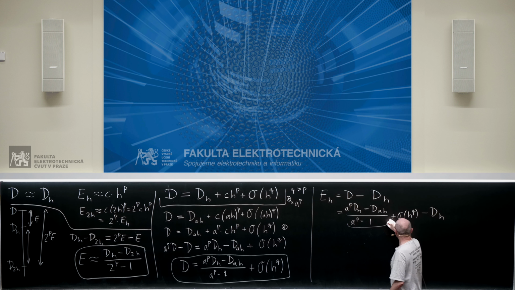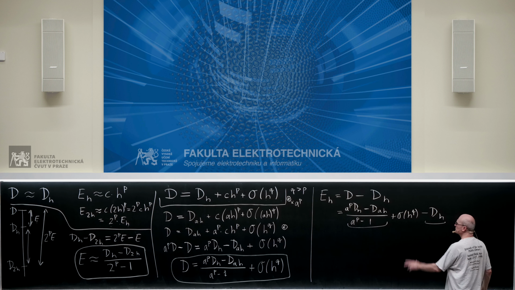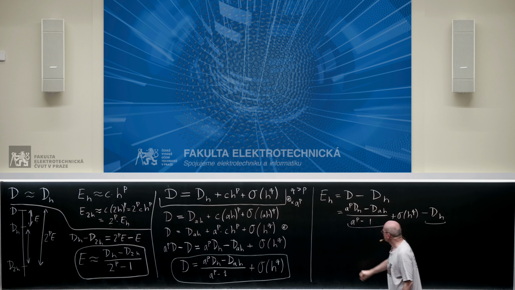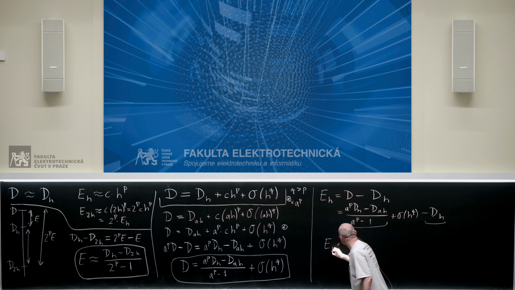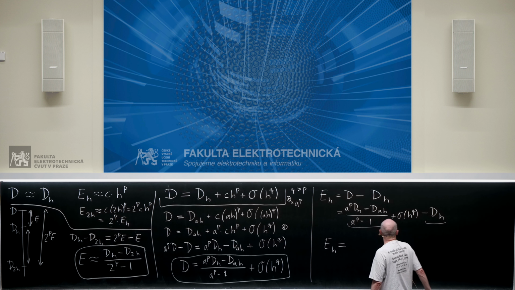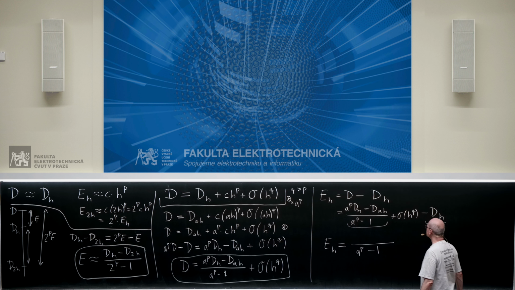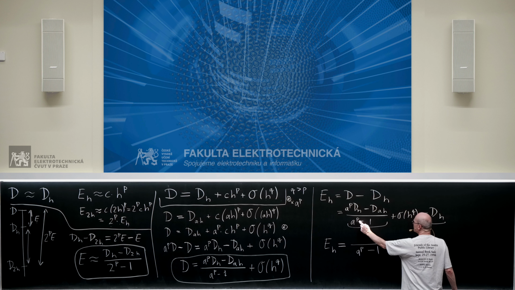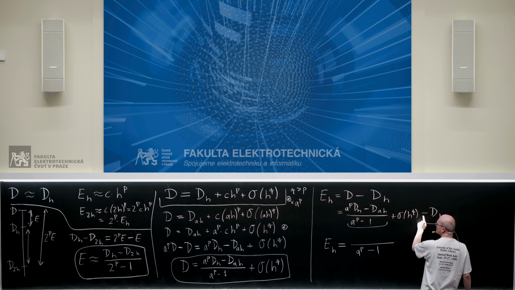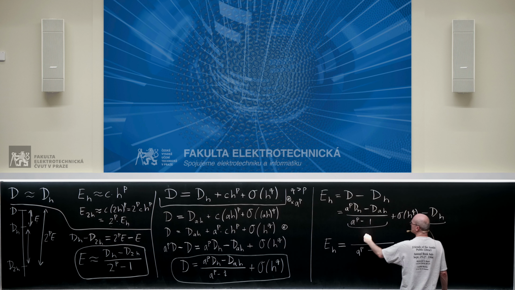I'm going to connect these two parts using a common denominator. And I get that the error for step h is, okay, the common denominator is a^p minus 1. And what do I see there? a^p times d_h is subtracted and added, so it cancels.